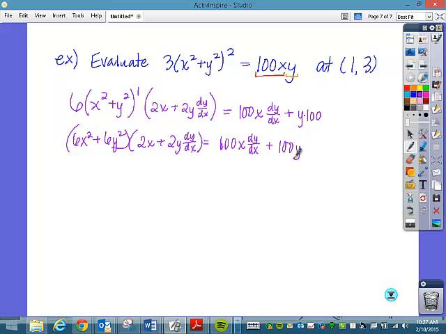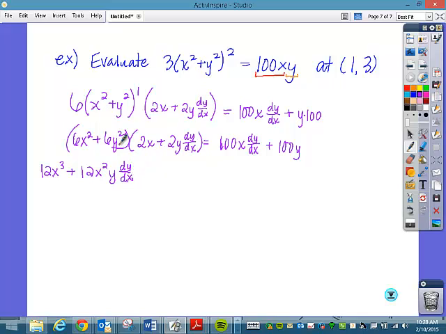Okay, now I'm actually over here and have to FOIL this out. So 6x squared times 2x is 12x cubed. 6x squared times 2y dy dx is 12x squared y dy dx.